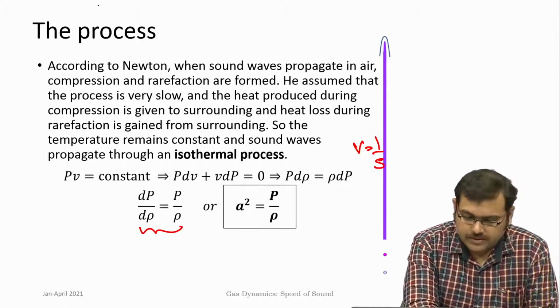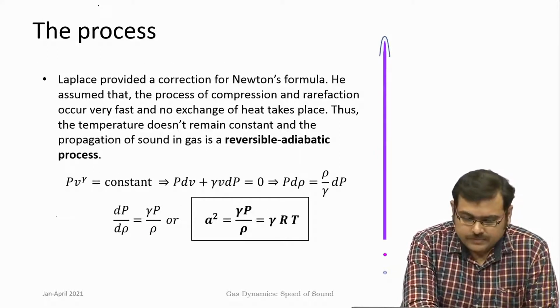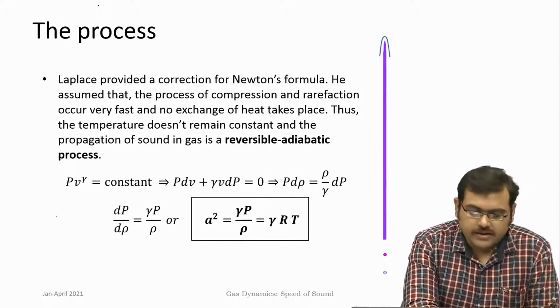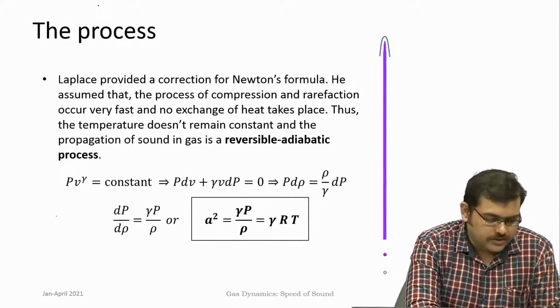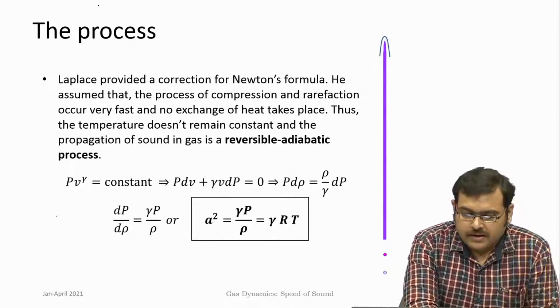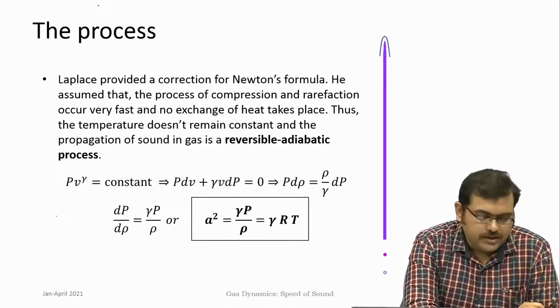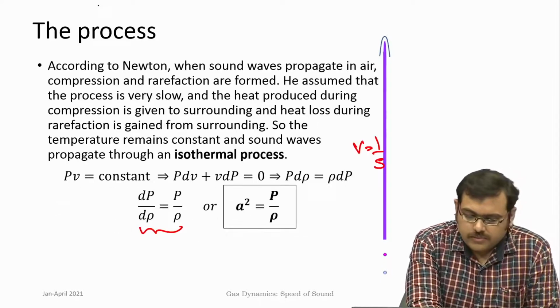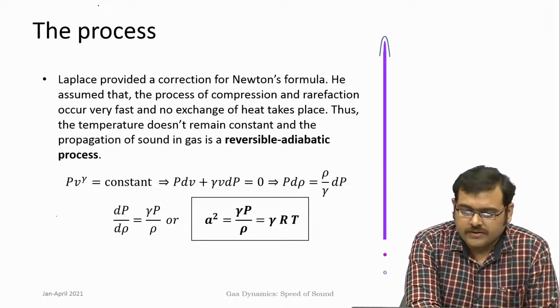There was a discrepancy with experiments, and a correction was provided later in the sense that since these processes are extremely fast, there cannot be any exchange of heat. In order to have an isothermal process, you need to exchange heat, and heat exchange is generally a slow process.